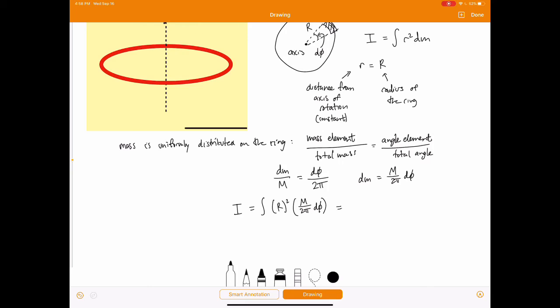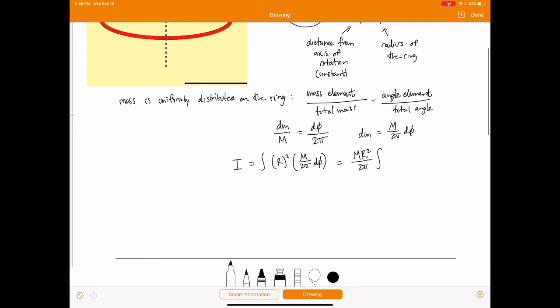Okay, so let's pull out any constants that we might have. We're going to have mass. Now, big R is a constant. That's the radius of the ring. And then 2 pi. So actually, this is not really that bad. The only thing we're left with in the integral is d phi. So how do I indicate that I'm going to cover the entire ring? Well, I should take this from 0 to 2 pi. Those would be my limits.